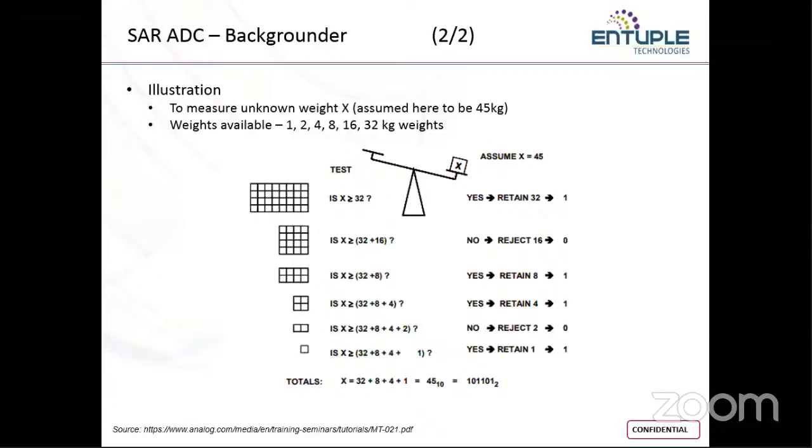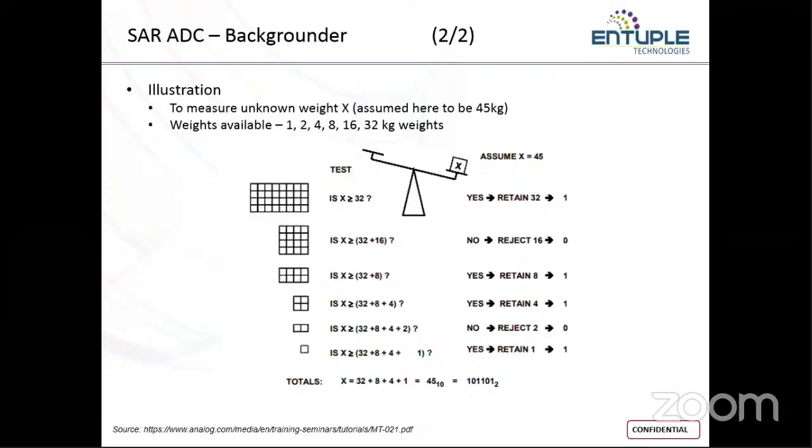So what happens, on the left hand side it slants down, while on the right hand side it comes up. So the output is going to be 0. The unknown weight is slightly higher, so the 16 kg weight is rejected, and we'll remove that.